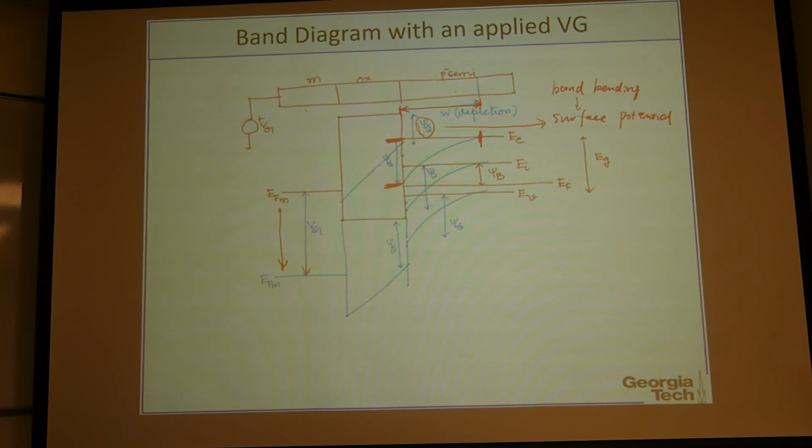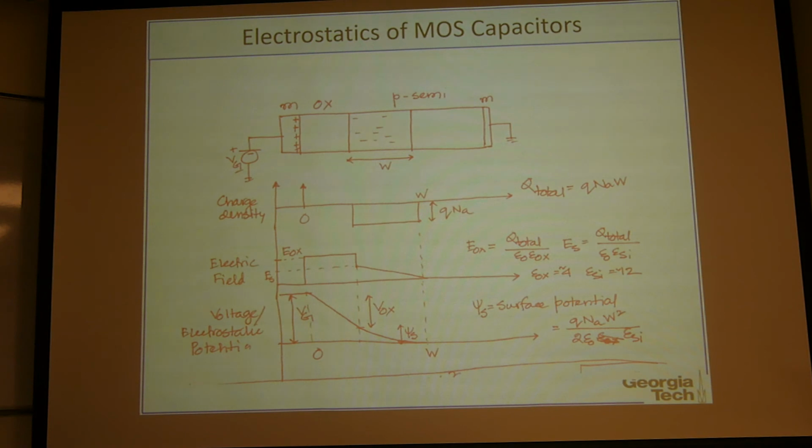That distance W is the width of the depletion. Alright, so let's look at this. This is the structure, and when you apply positive gate voltage, then initially you will have the Na minus, that is the depletion charge, with this depletion width.